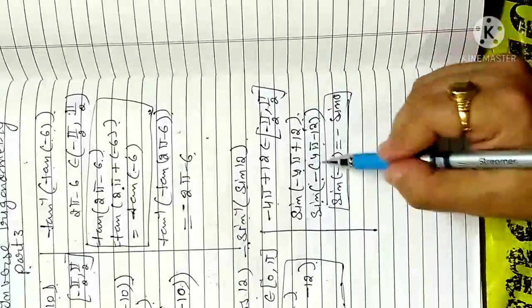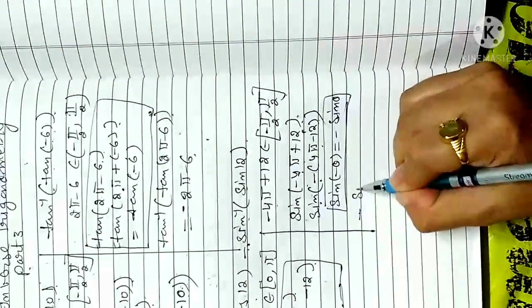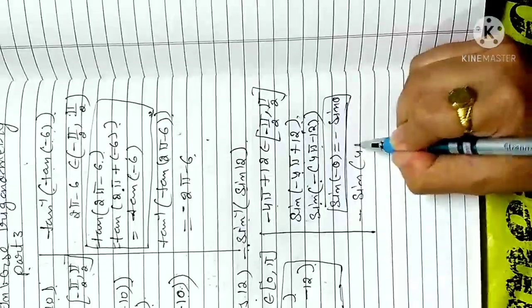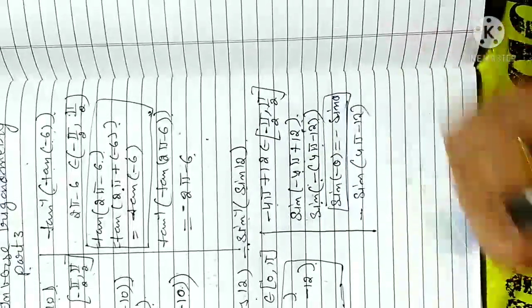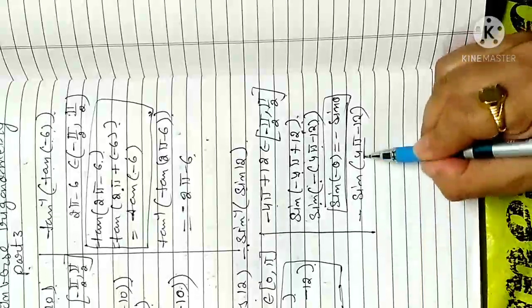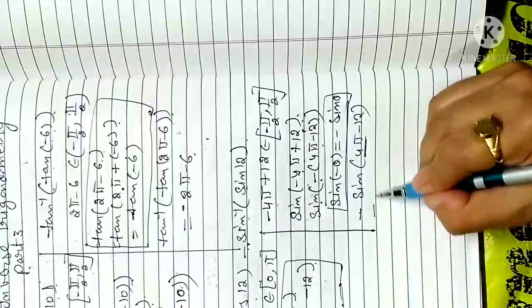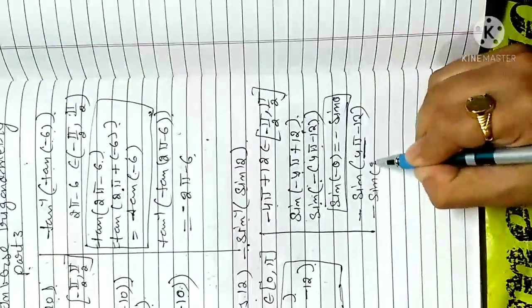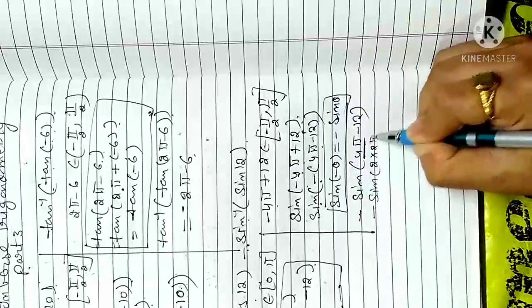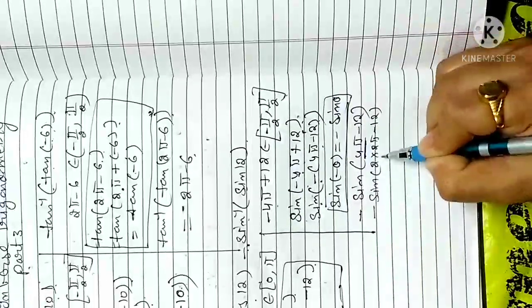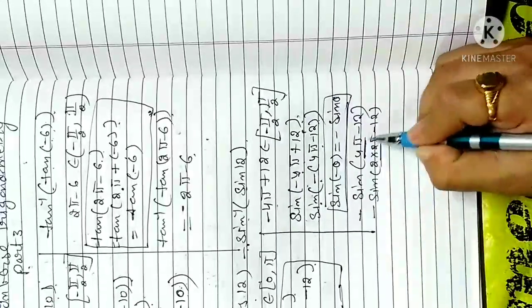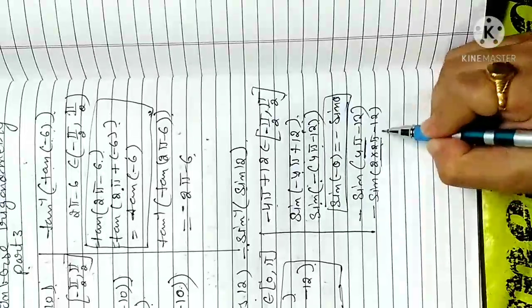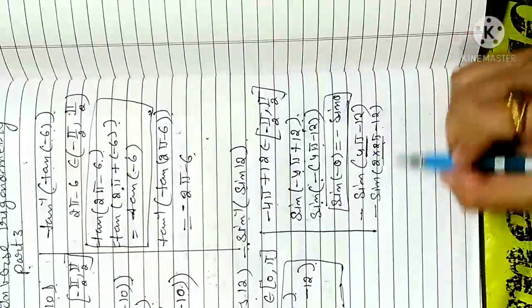Okay, so if we apply this formula here, that becomes minus sine of 4 pi minus 12. This 4 pi is a multiple of 2 pi, like 2 into 2 pi minus 12. So ultimately this is a multiple of 360 degrees minus 12, and that is the fourth quadrant.